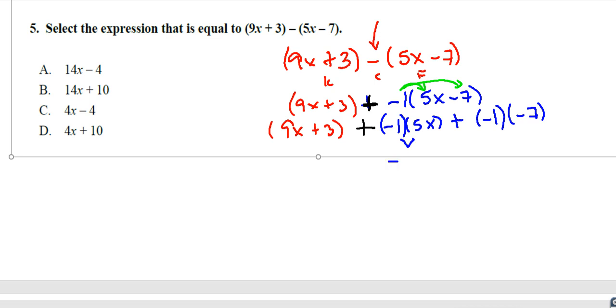Negative 1 times 5x is negative 5x plus negative 1 times negative 7. Two negatives make a positive 7. And again, I haven't done anything with the 9x plus 3, so I'm going to bring that down. My plus sign is still there. So 9x plus 3 plus negative 5x plus 7.